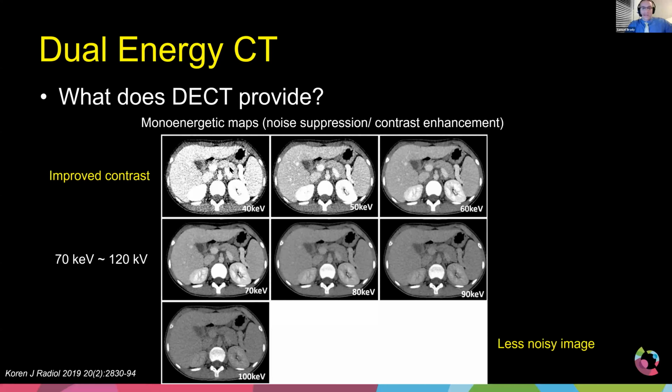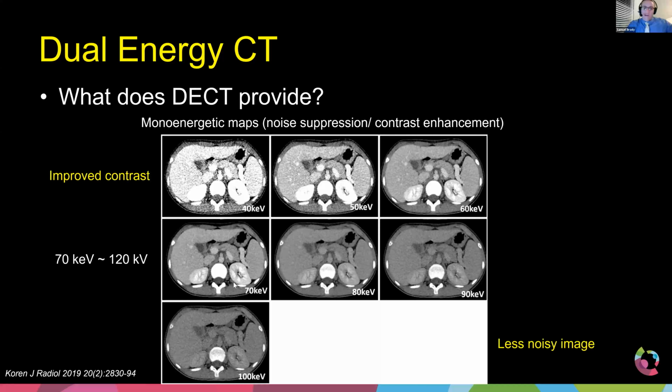If you want to compare what all of these monoenergetic images would look like if we collected them in single energy, that is why I keep referring to the 70 keV. This one is the quote unquote closest looking image to what a monochromatic or single energy image would look like.